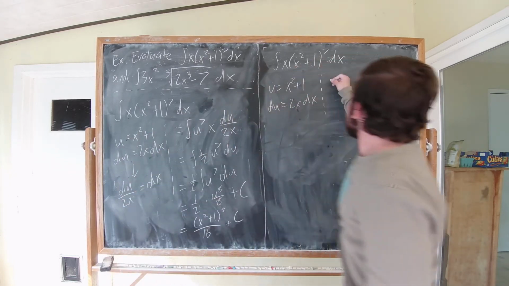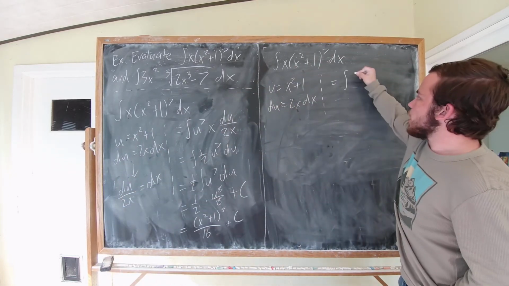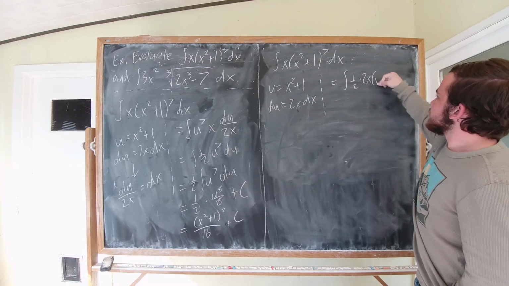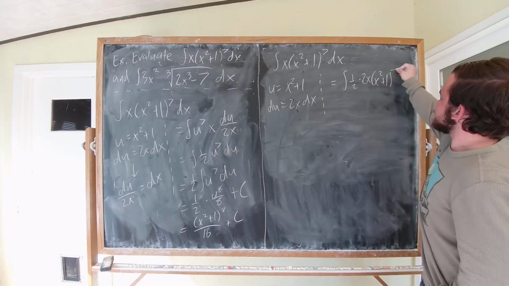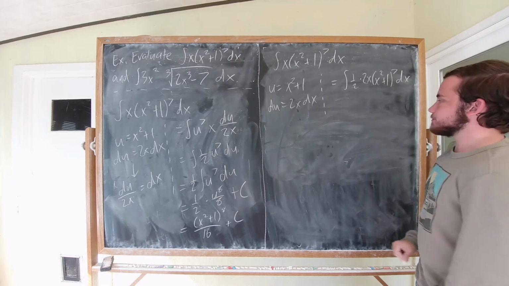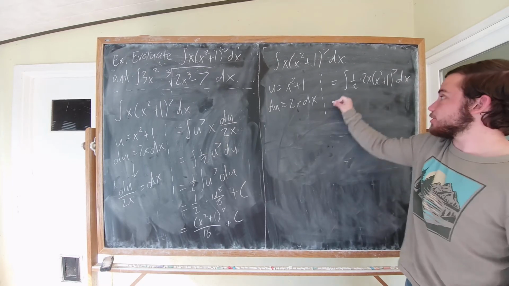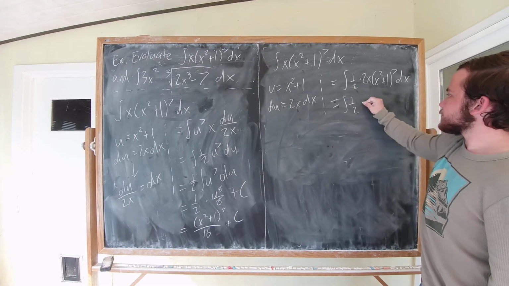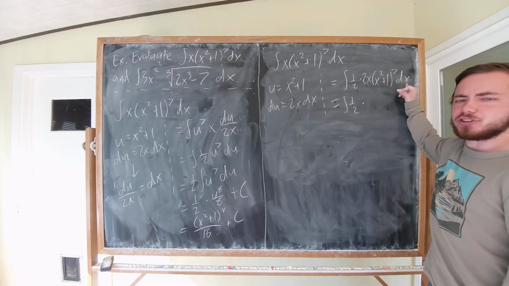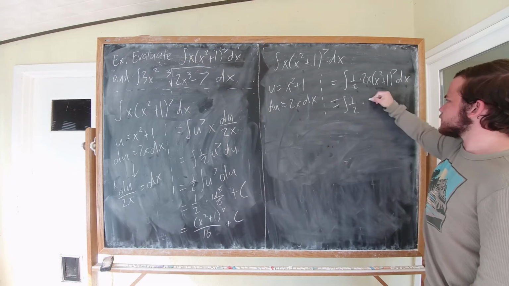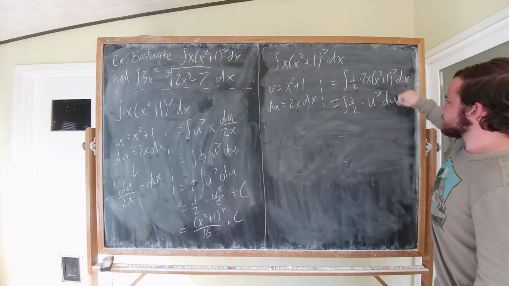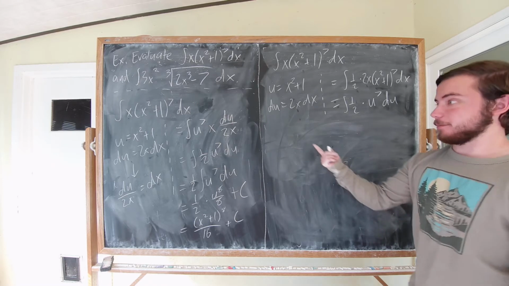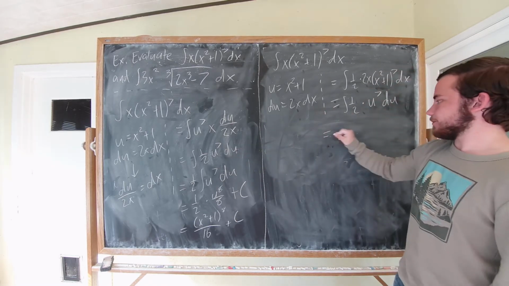We'll write this as being the integral of 1/2 times 2x, x squared plus 1 to the 7th, dx. And now under our u substitution, the 1/2 stays, but the 2x dx becomes our du, and this is still just u to the 7th. So we end up with the exact same thing.